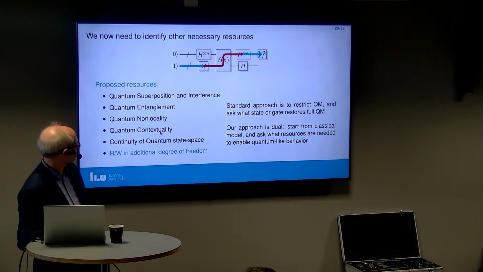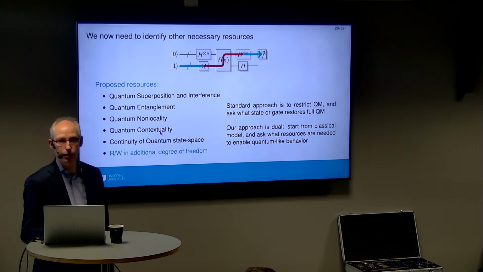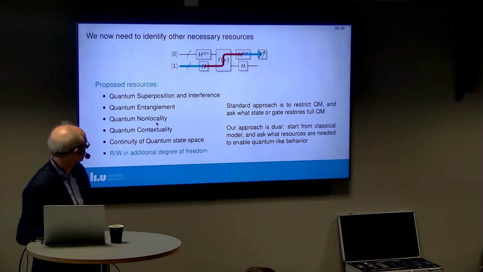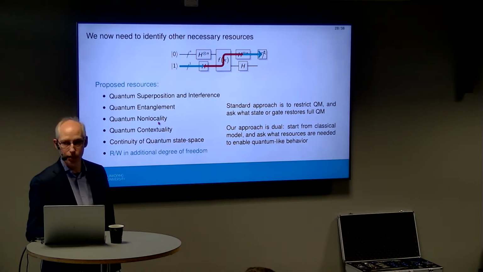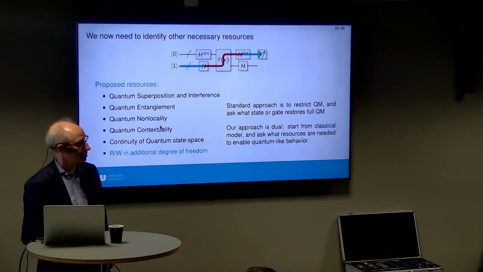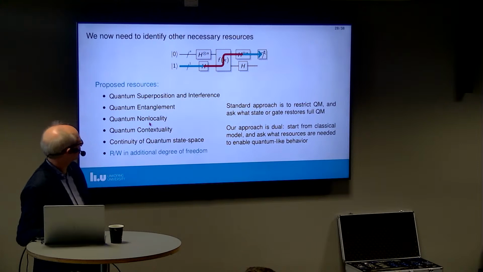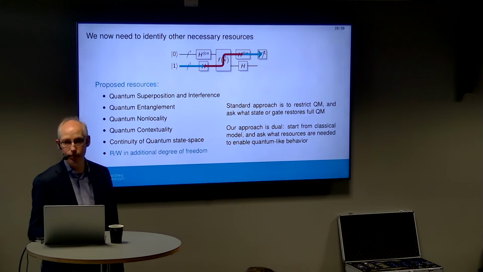Entanglement, non-locality, and contextuality are quantum effects that we look at. The Nobel Prize was given to experiments that said, yes, quantum non-locality is what we see in our experiments. So that was the Nobel Prize last year. And we are looking at ways of incorporating this in our description.